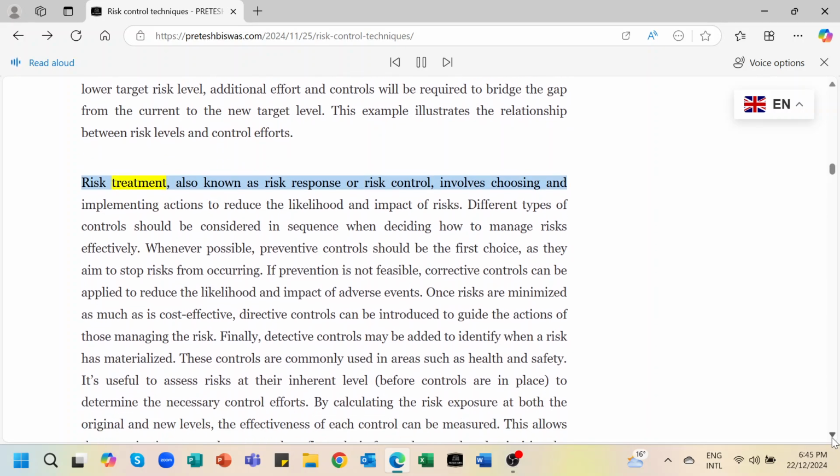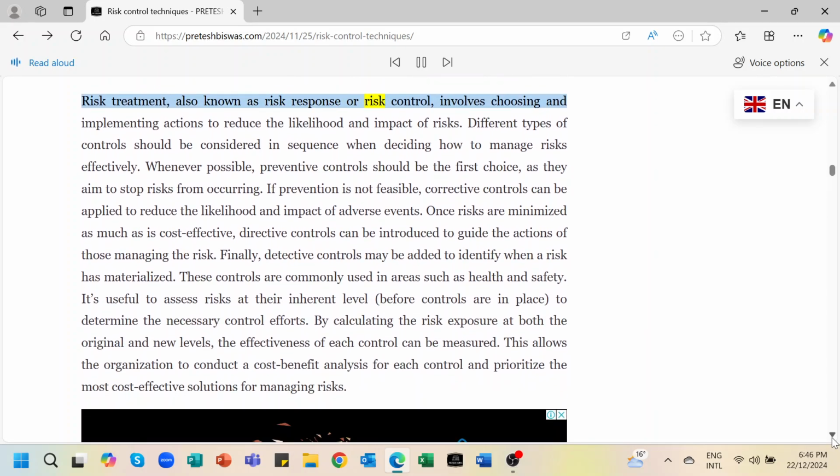Risk treatment, also known as risk response or risk control, involves choosing and implementing actions to reduce the likelihood and impact of risks. Different types of controls should be considered in sequence when deciding how to manage risks effectively. Whenever possible, preventive controls should be the first choice, as they aim to stop risks from occurring.